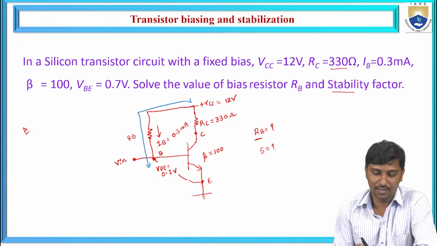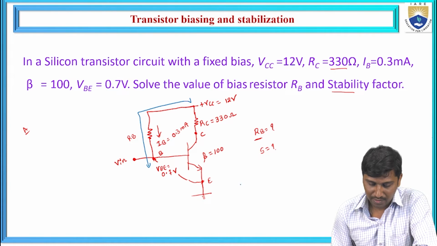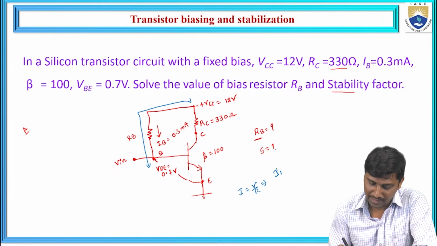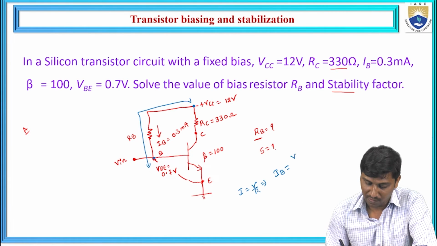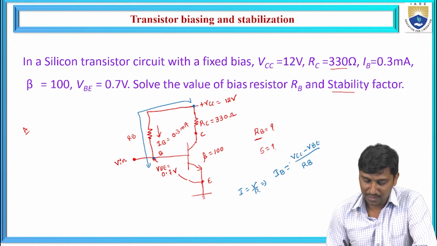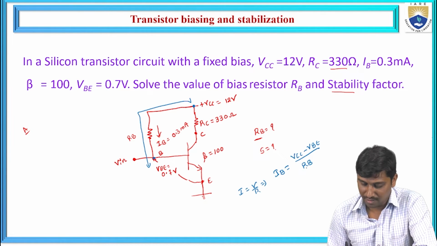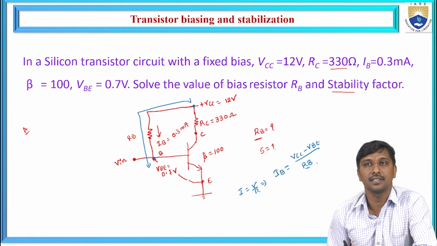We know that the base current I is equal to V by R. So the base current IB is equal to the potential difference between this node and this node, that is VCC minus VBE, divided by the resistance RB. What we require is to calculate the base resistance.